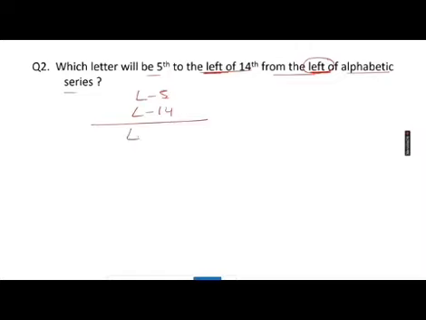And what we have discussed is the concept that if both the directions are the same, then we have to subtract the values. So in this case 14 minus 5 will be 9. So our answer will be a position that is ninth from the left end.